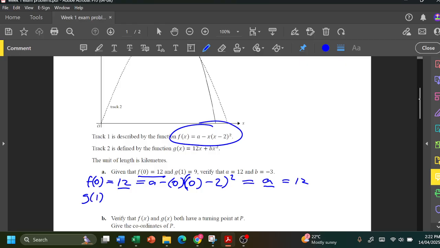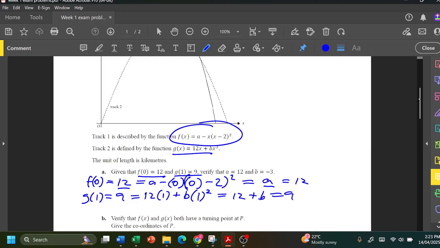Let's do the same thing with g. We're going to substitute in 1 into the function g, and this is going to give us 9. This is using the other initial condition. If we replace x in the second equation with 1, we're going to get 12 times 1 plus b times 1 squared. 1 squared is, of course, just 1, so this will give us 12 plus b, and that's equal to 9.